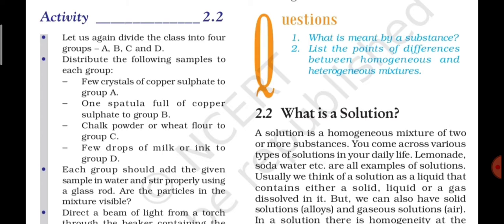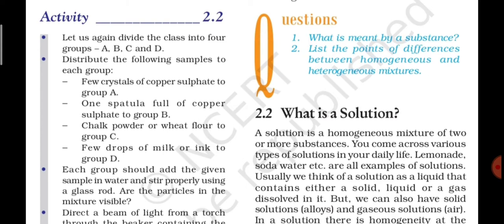Such mixtures which are physically distinct are said to be heterogeneous mixtures. For a homogeneous mixture, the texture, composition and color should be uniform throughout the mixture, and that type of mixture is said to be homogeneous.